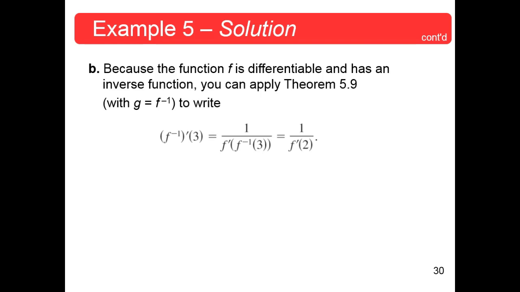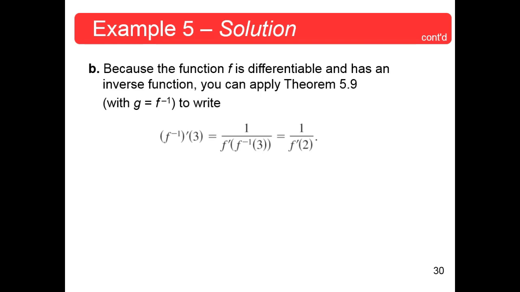Okay? And because it is differentiable, it has an inverse function, and you can use that other theorem, with g equal to f inverse. Since you know that it's true about the values, then f inverse prime at 3 is 1 over f prime of f inverse of 3.